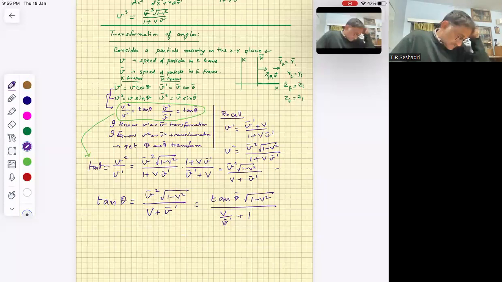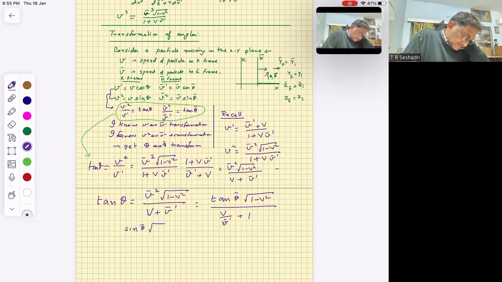Okay, so no, just a minute. So this is this one. So I have sine theta bar square root of 1 minus V square into V bar 1 by V plus V bar 1 cos theta bar.